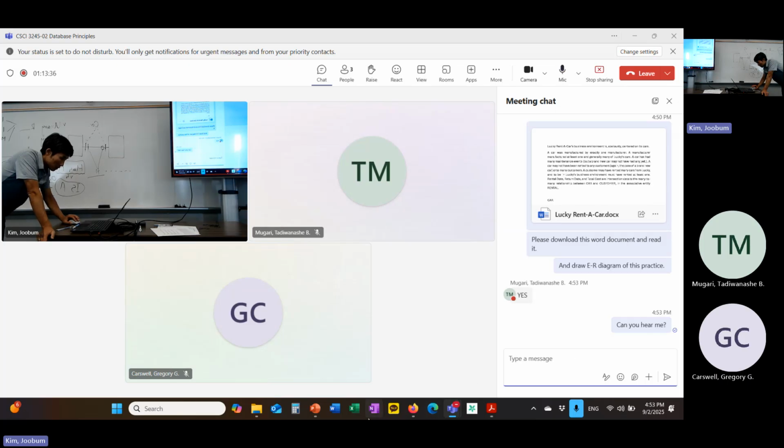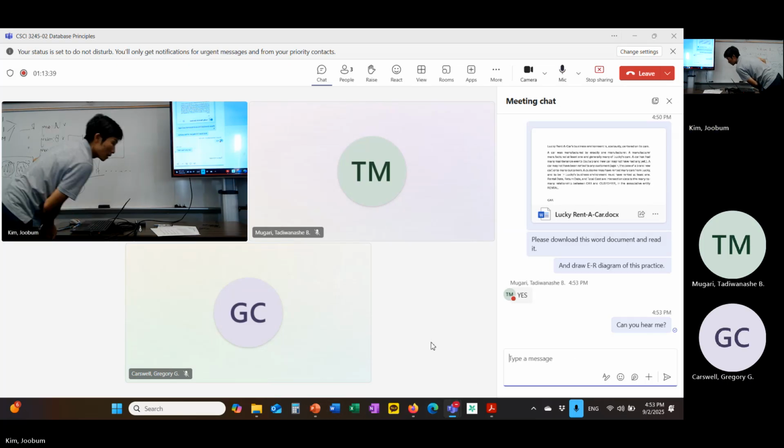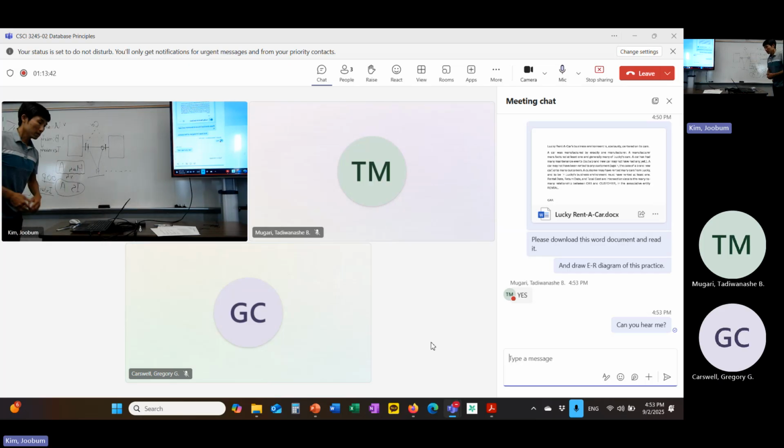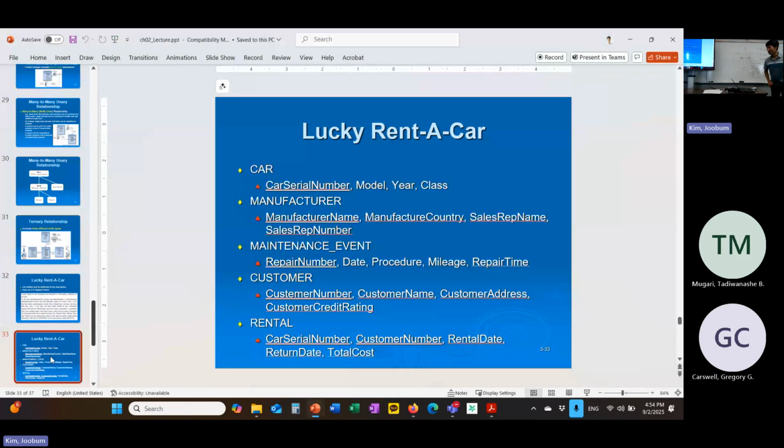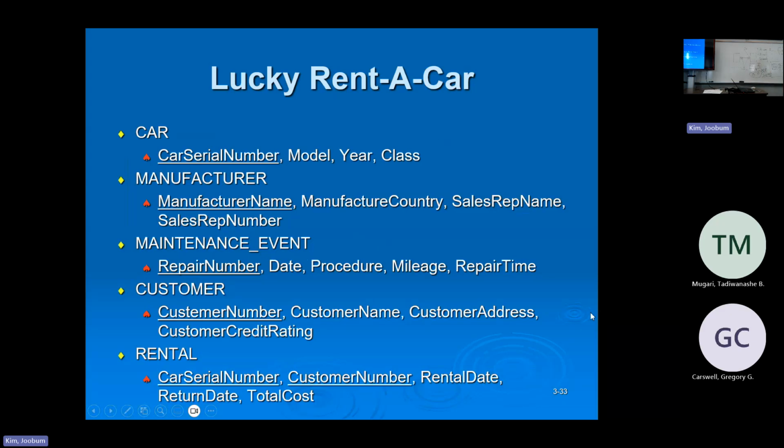Lucky car, the business environment. Okay, so how many entities are needed in this ER diagram? How many entities are listed? 5? So in an ER diagram, how many entities should be included? 5, right? And then you have to add what?